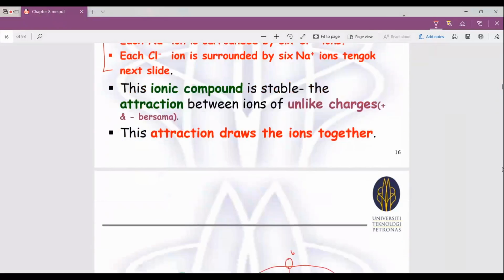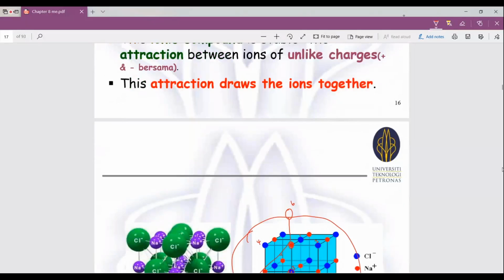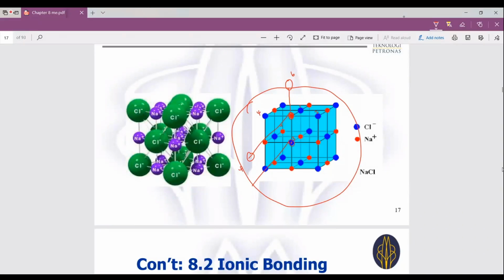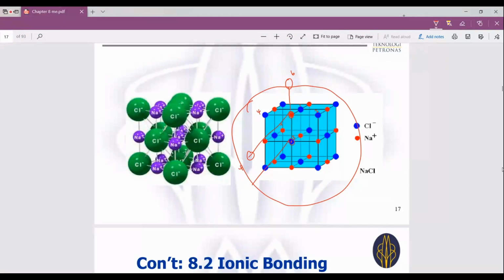The attractions draw the ions together by ionic bonding. This is the rock salt structure for NaCl. You can see Na is surrounded by 6 Cl minus, and Cl minus is surrounded by 6 Na plus. This is a 3D structure and one unit cell.